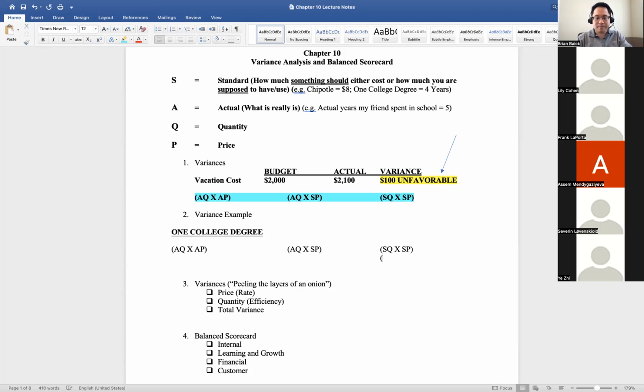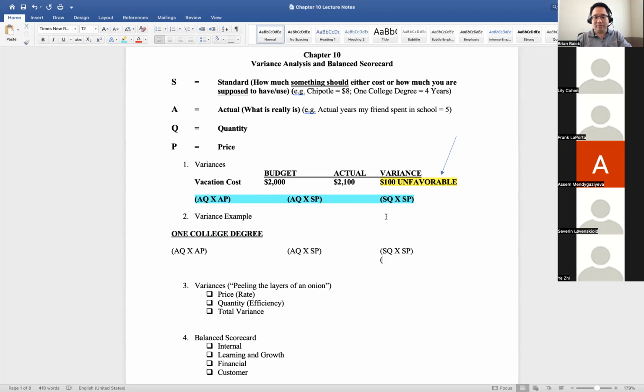Can somebody tell me what is the standard quantity of years you're supposed to spend in college to get one college degree? Anybody know? You can type in the chat. Okay, 4, good, 4 years. So we're going to say 4 years times, what's the standard price?